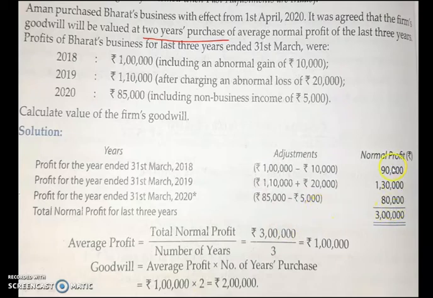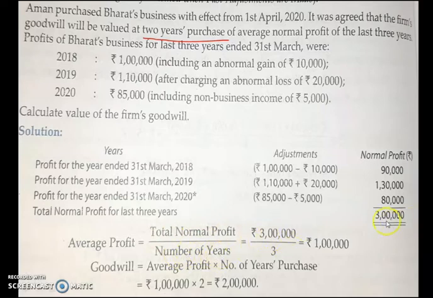After doing all these adjustments, whatever normal profit you get, you will add together to get the total normal profit. How much is it? 3 lakh. Let us move to step 2. What is your step 2? Finding out average profit: total normal profit divided by number of years.